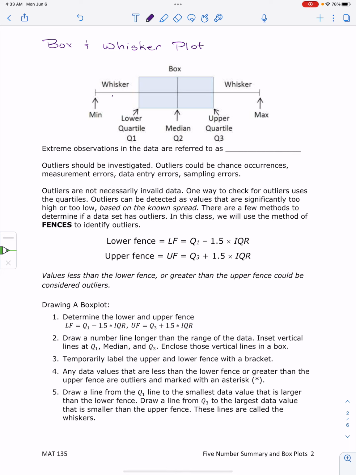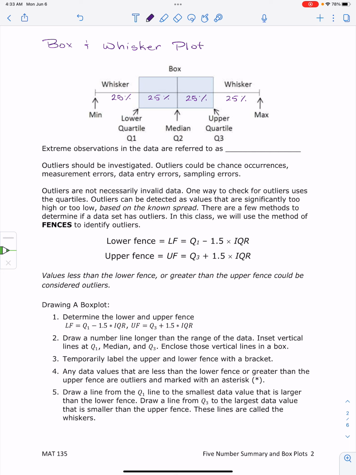So as we look at this, we know that 25% of the data values lie in that bottom whisker, 25% lie in the bottom half of the box, 25% lie in the top half, and 25% lie in that top whisker. If I had 40 values in my data set, each of those whiskers would contain 10 values.